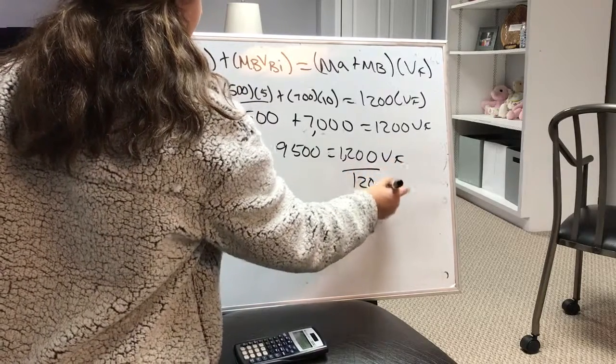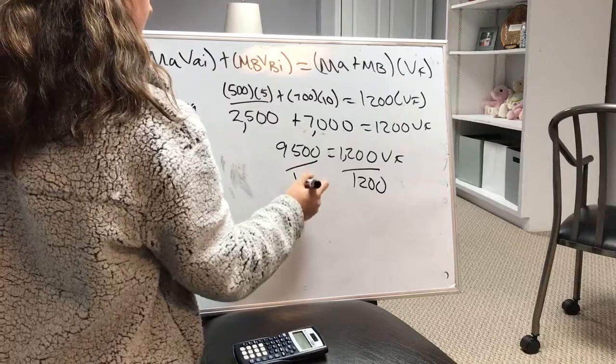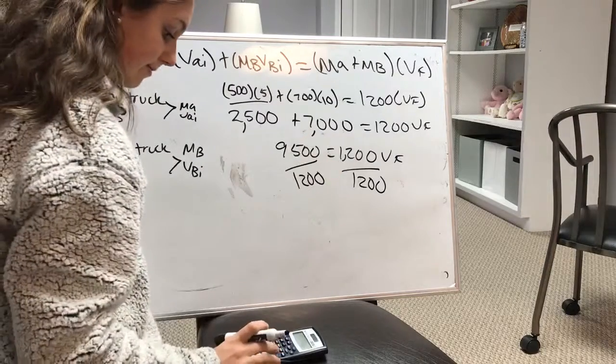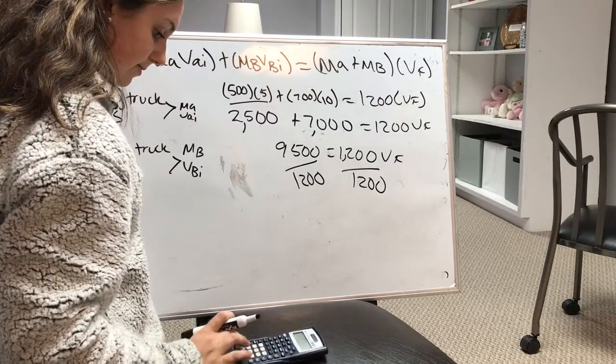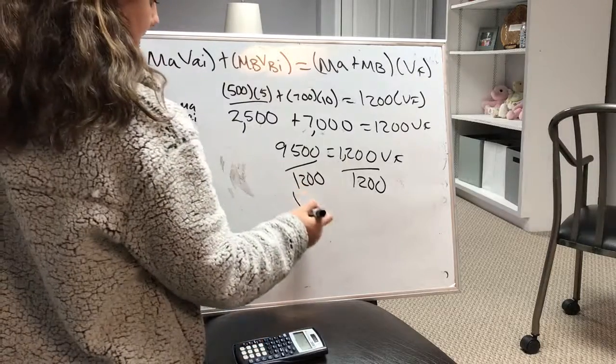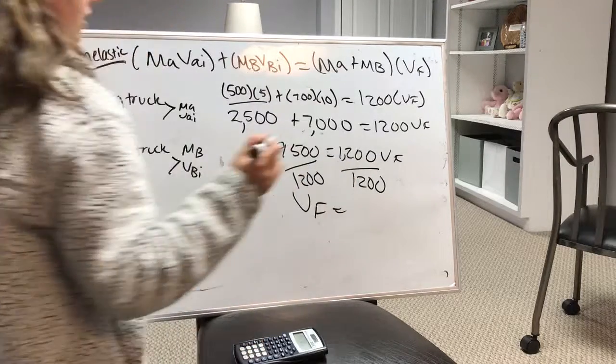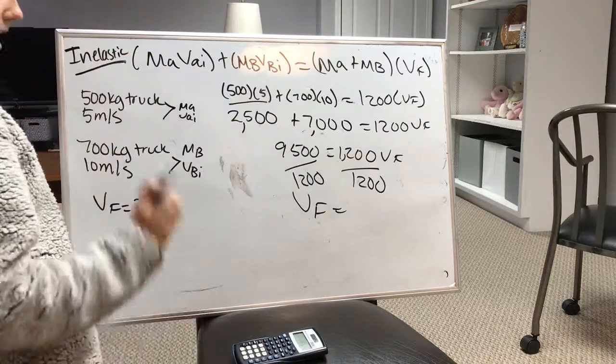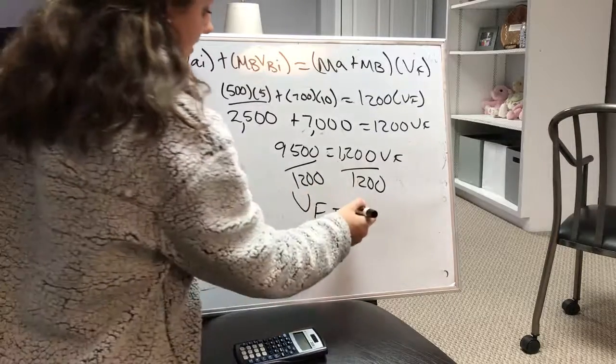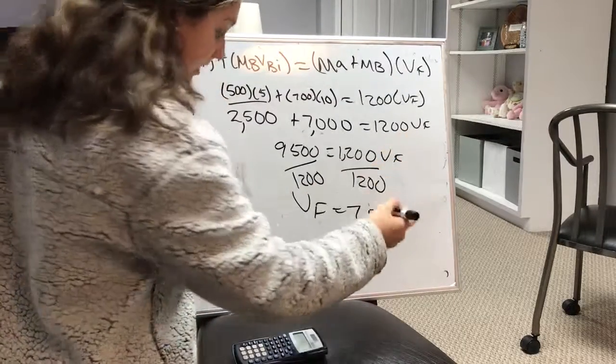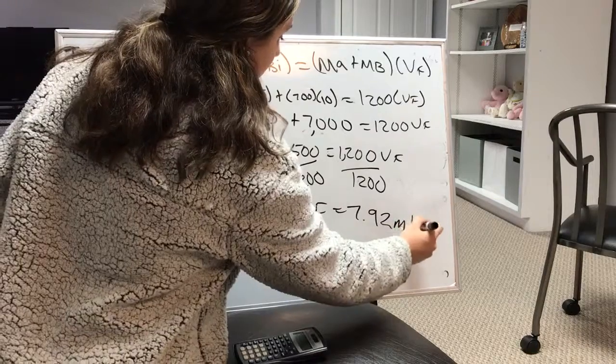Divide by 1,200, divide by 1,200, and we see that the final velocity of both trucks together after the collision is 7.92 meters per second.